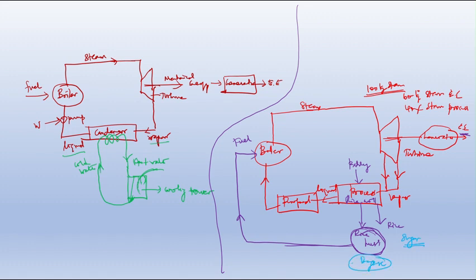This bagasse is fed into the boiler as fuel. In the paper industry we have waste paper pulp, and in distilleries we have other biomass-based wastes. Whatever waste is produced in the process industry is fed as fuel for the boiler.